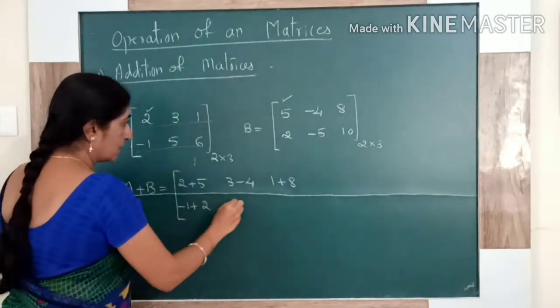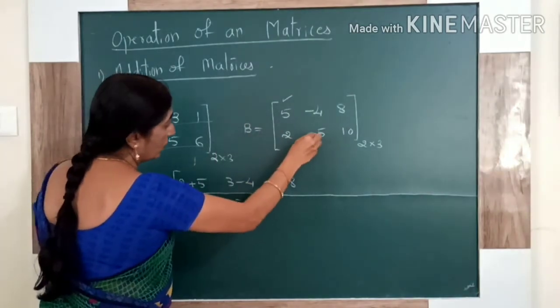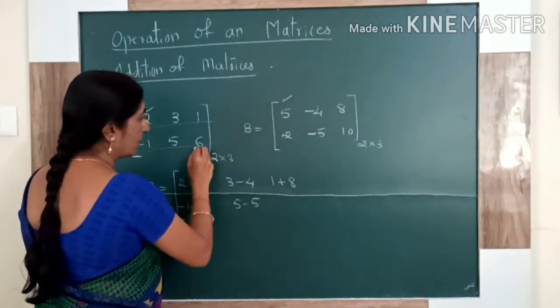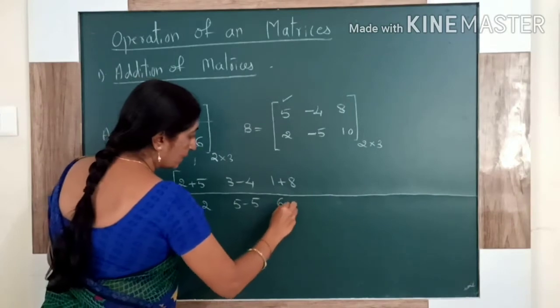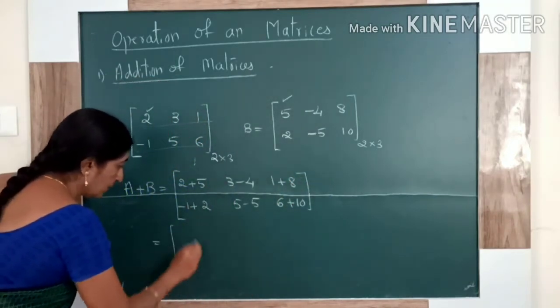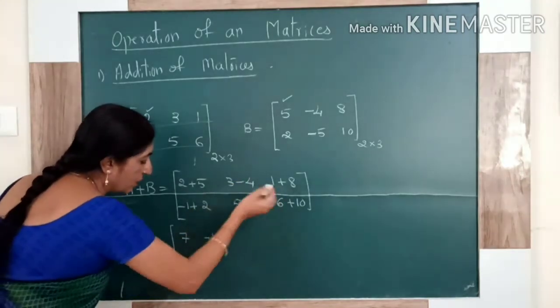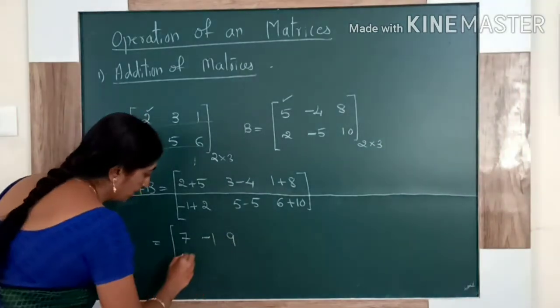You have to add the corresponding elements depending on the sign, whether plus or minus; plus into minus becomes minus. So like this we have to add.